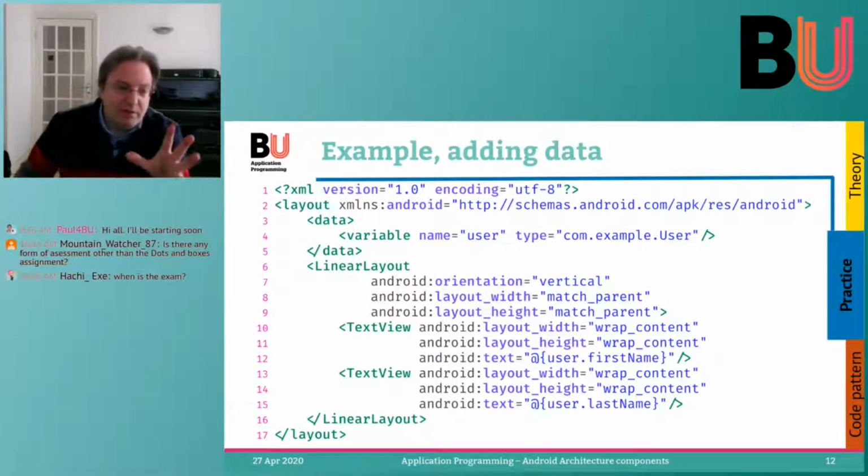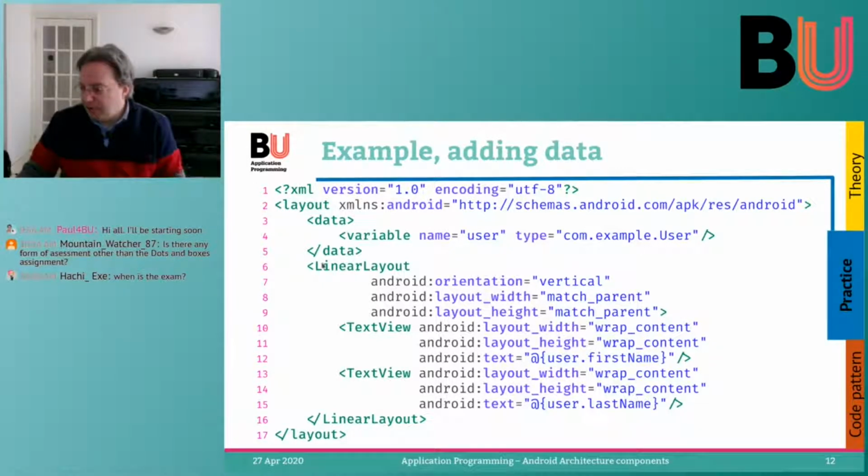Rather than having our layout as the start of our design, we actually have a layout tag, which is not an actual element as you'd normally have in these layout files. We have this layout tag, and we have a data tag, and in the data tag you can create variables. You can also create something like imports, by the way.